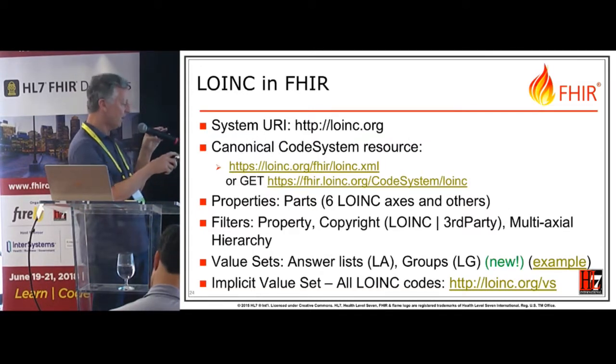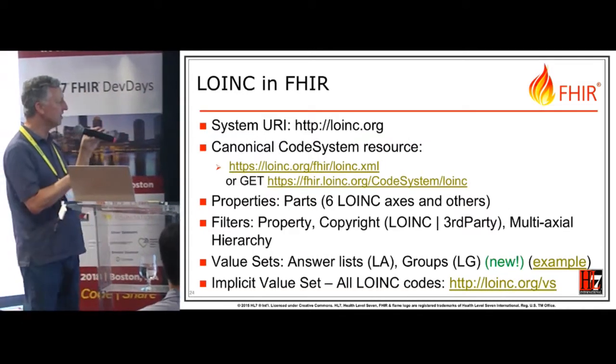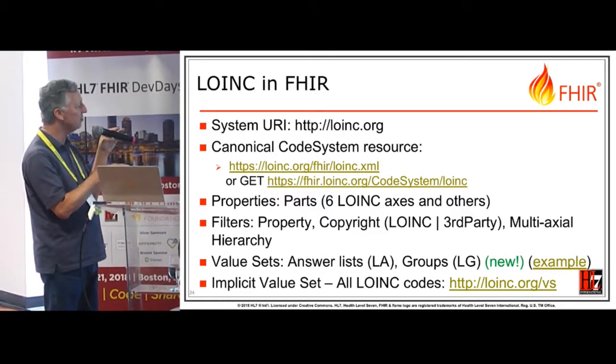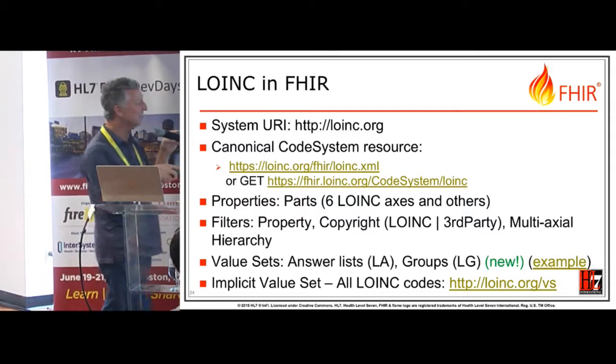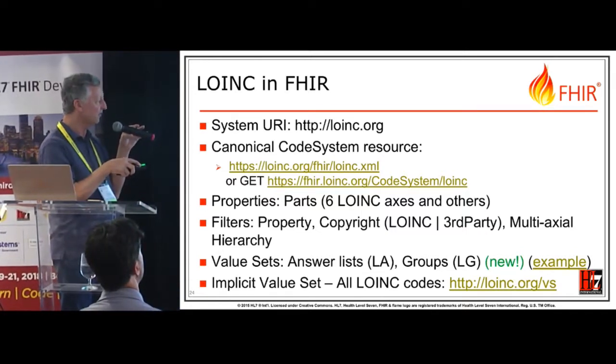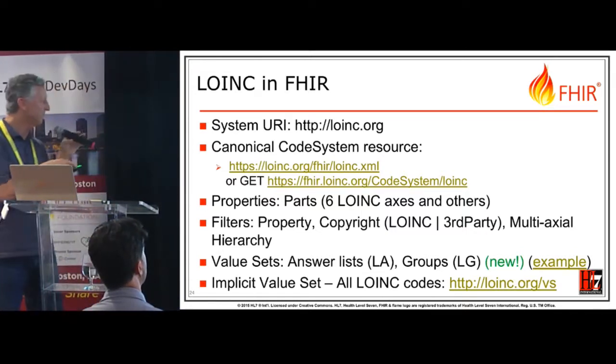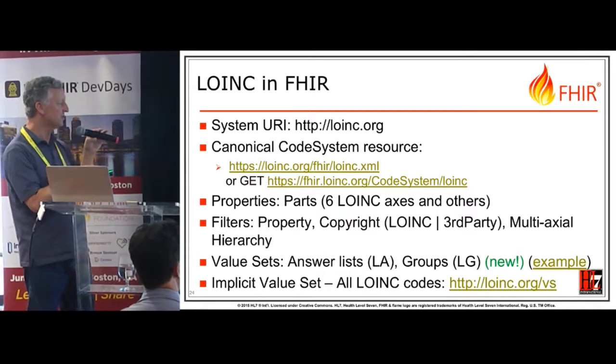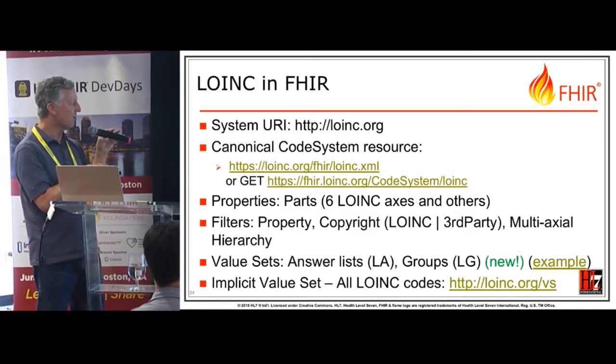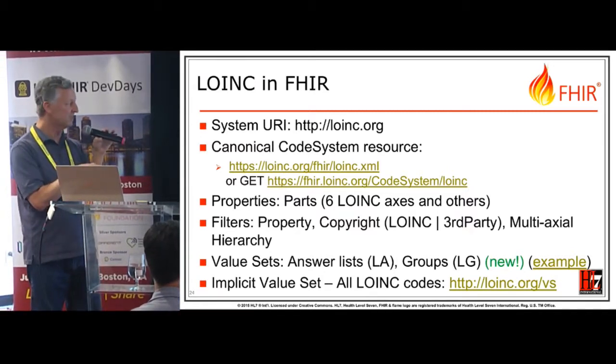And a bit about LOINC, again, Dan covered it really well yesterday, so I won't spend much time here, but there's a canonical code system resource for LOINC, and you can actually get it in two places, at least that I know of now. Maybe there are others too, but we can get it on the LOINC FHIR server now here, and it basically defines what the properties are of the parts. It has the six LOINC axes and a number of others.